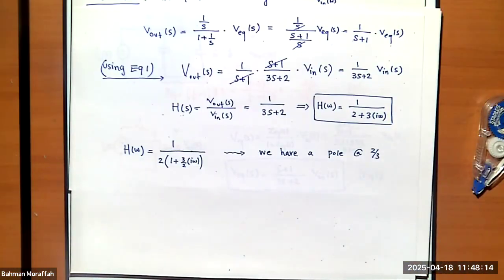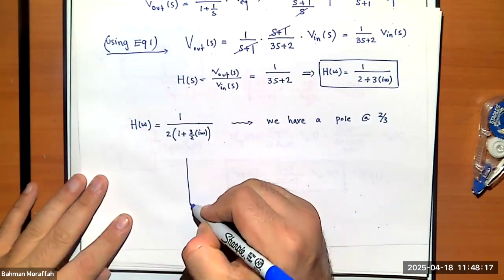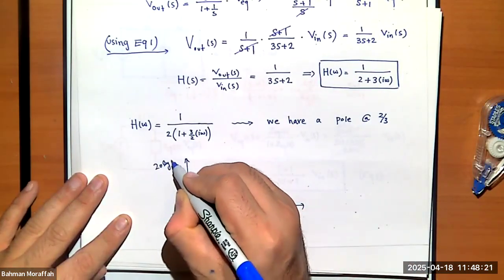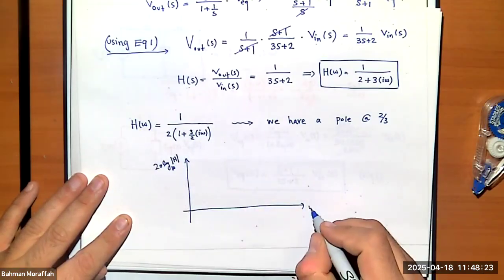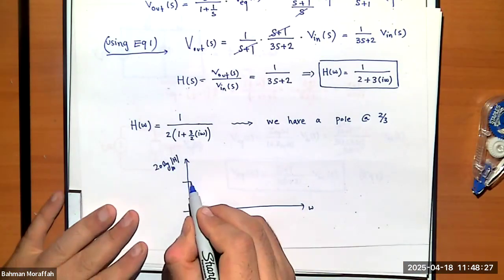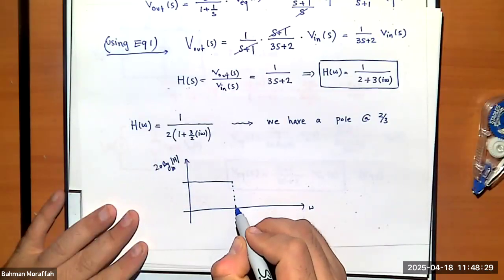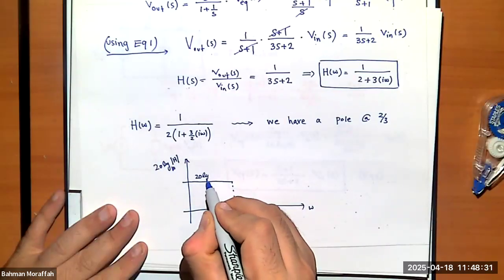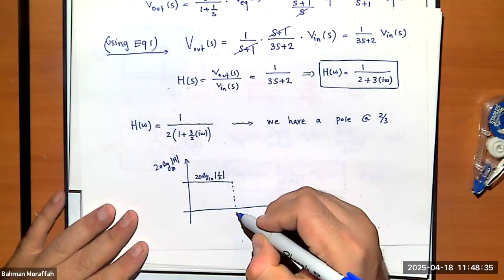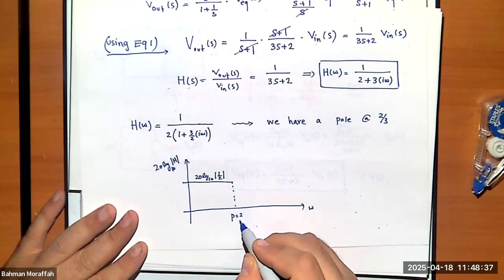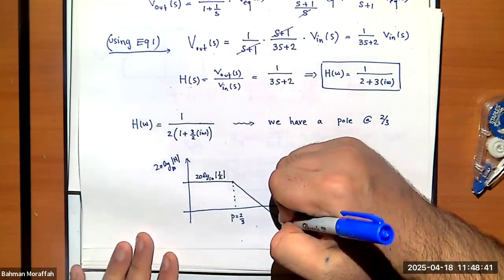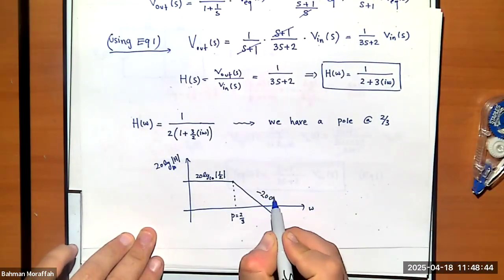So we have a pole at 2/3. If I want to plot 20 times log 10 of the absolute value of H, what is happening? Well, it should look something like this. There's that constant, which is 20 times log 10 of half, till I hit this pole at 2/3, after which I'm going to go down by 20 dB.